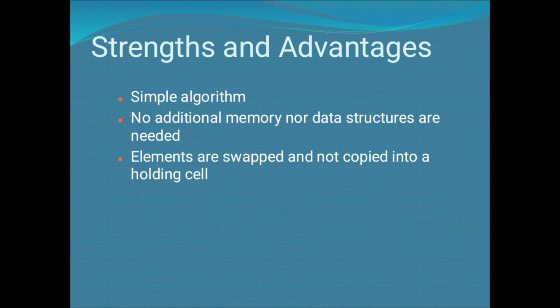Selection sort does not require any additional memory, so it comes under internal sorting techniques. Elements are swapped and not copied into a holding cell. Just find the smallest element and swap it into the zeroth location, then the first location. The swapping technique is applied here.